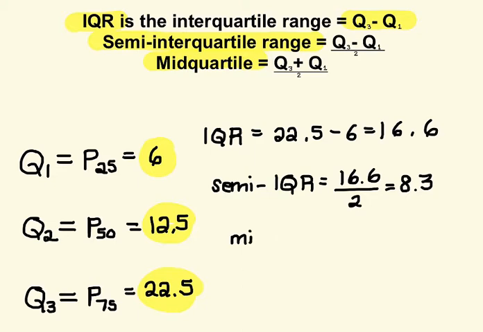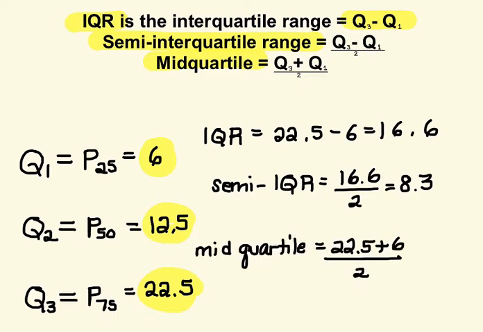And finally, our mid-quartile. Our mid-quartile is Q3, which is 22.5, plus Q1, which is 6, divided by 2. And 22.5 plus 6 is 28.5.